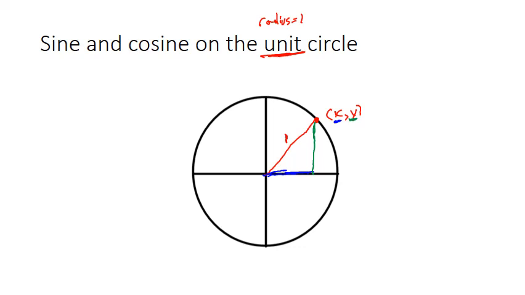So let's say that we drew this triangle. Actually, we know what the values of this right triangle we just drew are. That this leg would have a value of x since we went x spaces, and this leg would have a value of y since we went y spaces. So let's say we drew that triangle here.